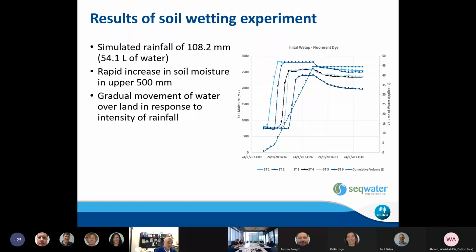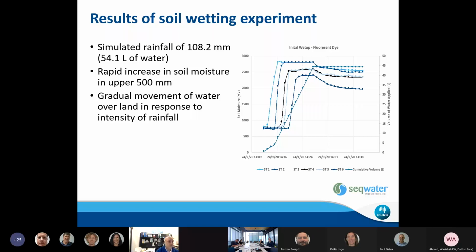These are the moisture content probes 1 and 2, which are sitting smack bang in the middle of the 500 mm zone. As you can see, the moisture content increased quite rapidly in that area, and there was a lag you can see from station 6, which was in the 1.5 meter area. But within 20 minutes there was reasonable saturation, and after that the water starts running off.